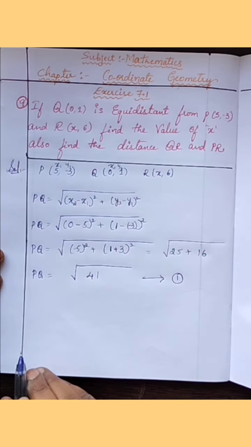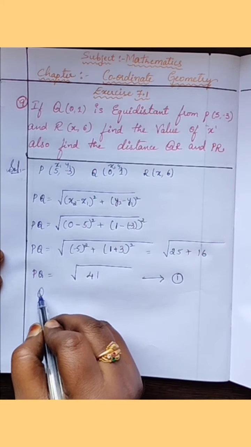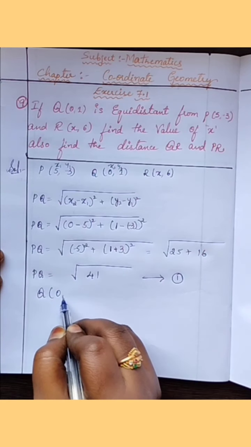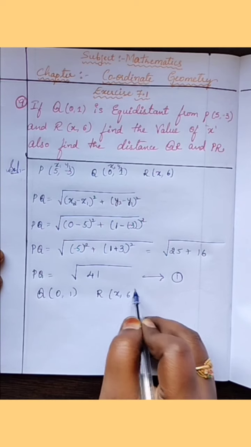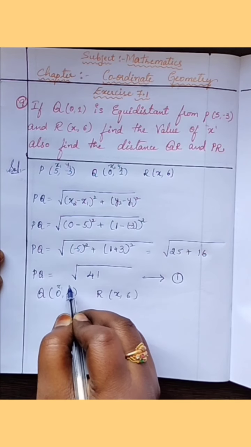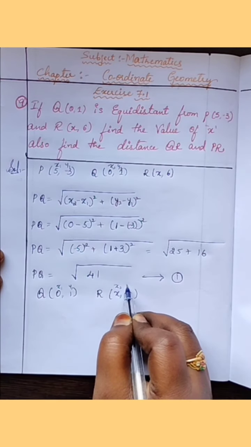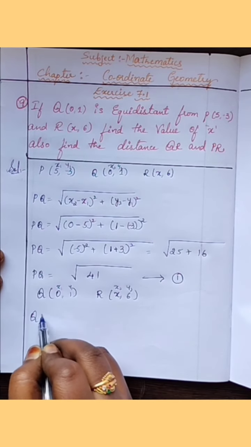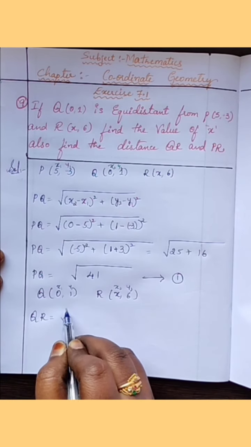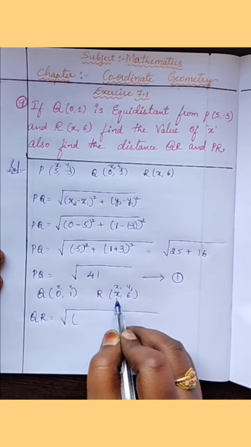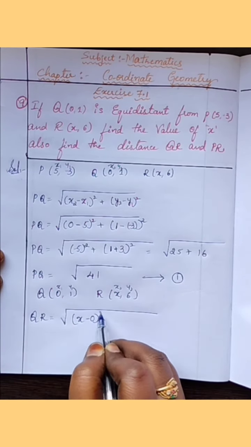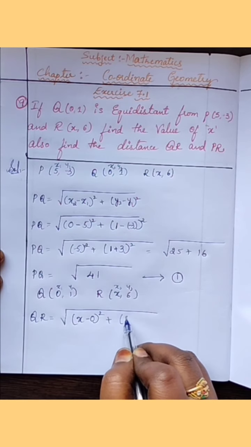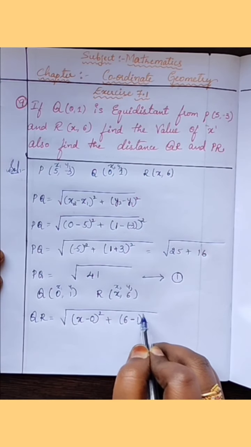Okay dear students, now we have to find the distance QR. What is the Q point here? 0, 1. R is x, 6. Consider this as x1, y1, x2, y2. Now find the distance QR. Directly you can substitute these values in the distance formula. x2 minus x1, x2 means here x, x1 means 0, whole square. y2 means 6, y1 means 1, whole square.